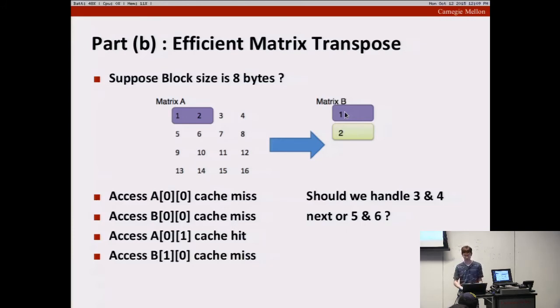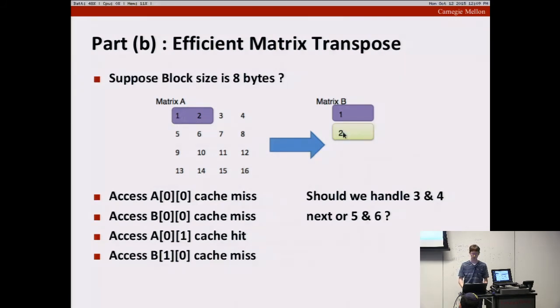It's the first step of the transpose. It's a miss because we haven't accessed this address yet either. Now we're going to access A01, so we get this 2. That's a hit because we had already loaded this into the cache. This is a block of our cache here, because it's 8 bytes, so it can fit 2 of these things. When we loaded the 1, it loaded the 2 with it.